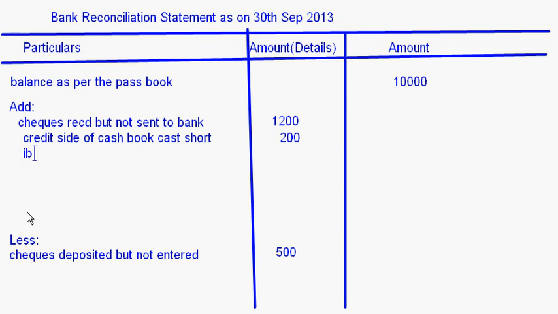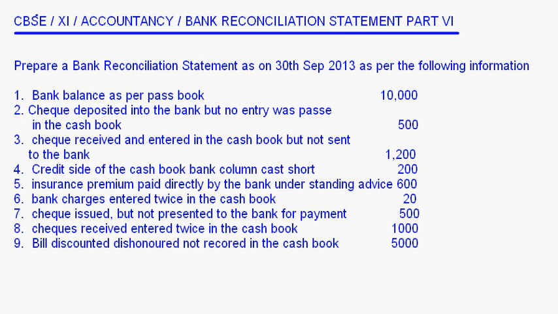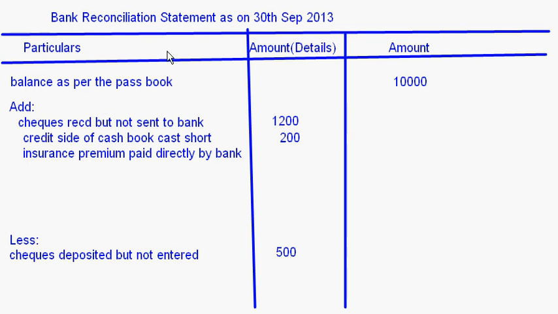So, insurance premium paid directly by the bank. The amount is 600 rupees. So that 600 comes here.